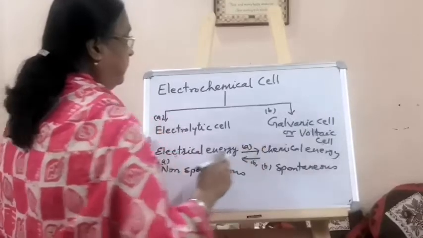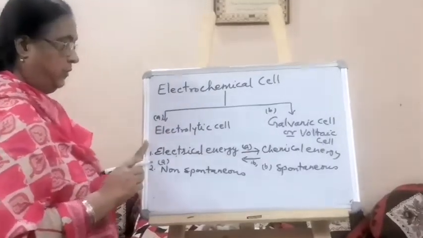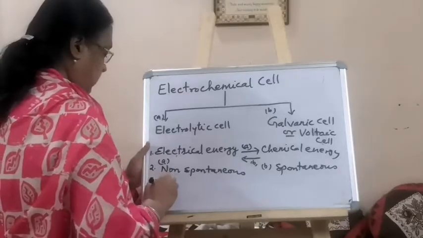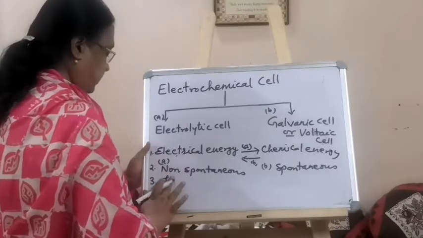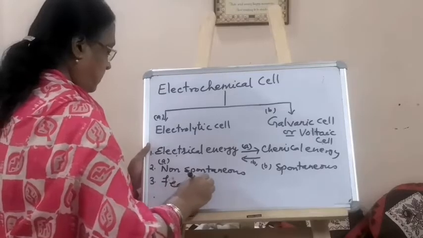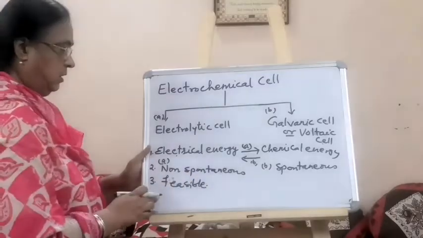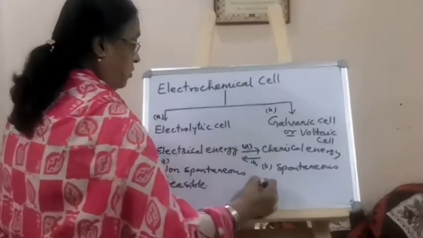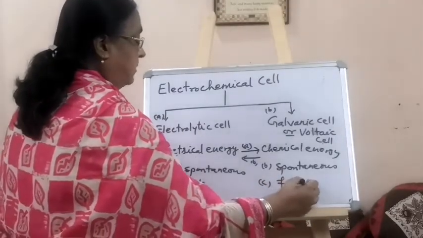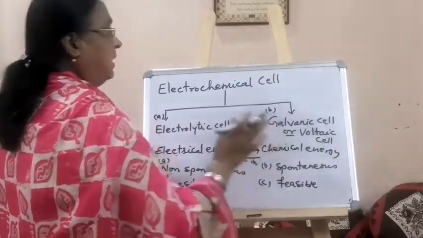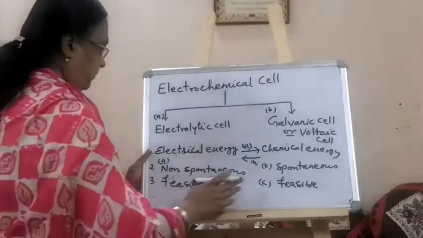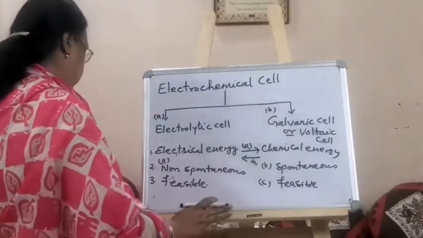Spontaneous means it will continue of its own. Third, this reaction is not feasible, but this is feasible, and this is also feasible. So this is the similarity. Feasible means it will easily go on, taking place easily. So both of them are feasible.